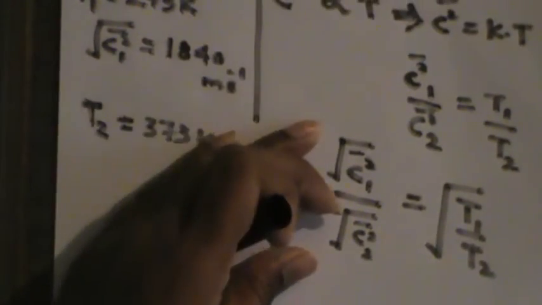So c1 is given in the sum as 1840, and we have to find c2. So we will isolate c2 here. We have been given T1 and T2, so this is just a substitution, another problem in which we just substitute and solve.